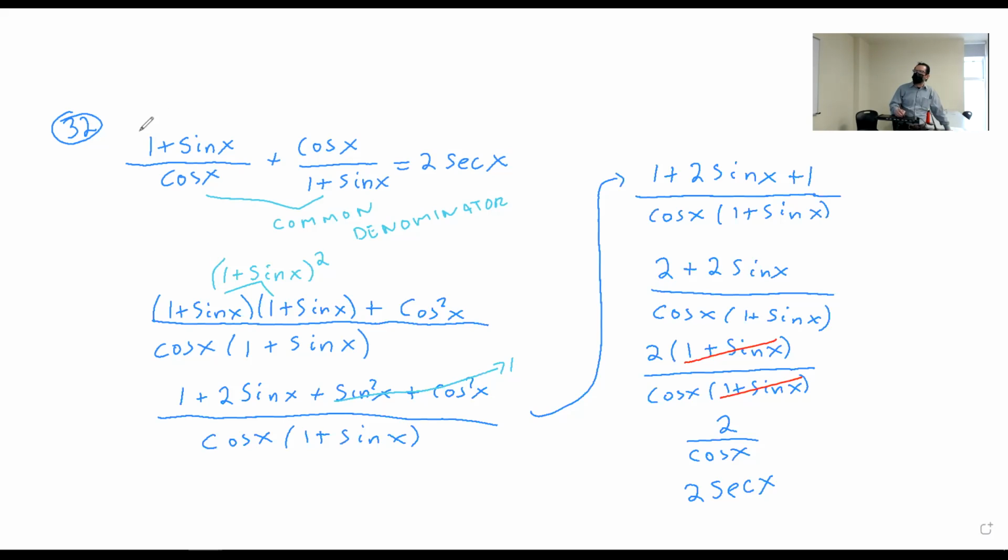We could separate this one into 1 divided by secant plus tangent. If we wanted to, we could do that. The problem we would have is with this one here. What do we do there?